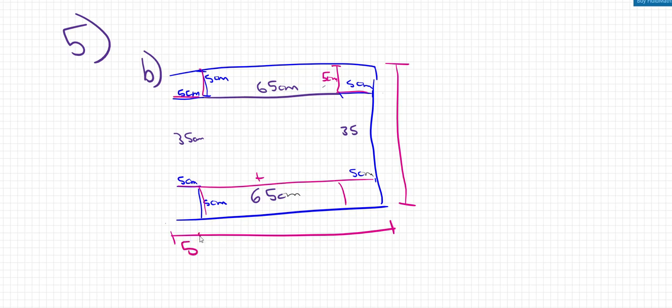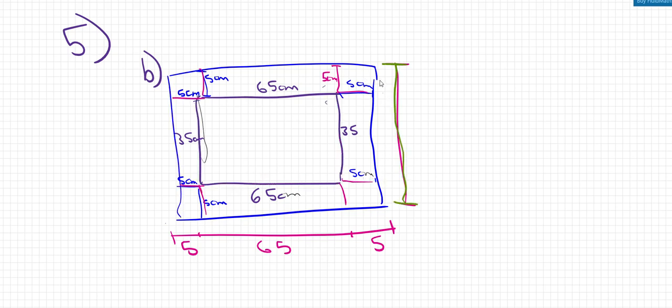That will give me the length of my frame, and then the width, I'll do the same thing. So I've got 35 plus the 5 plus the 5. This whole line here, you can see, is 5 plus 35 plus 5. And that would be the length and width of the actual frame.